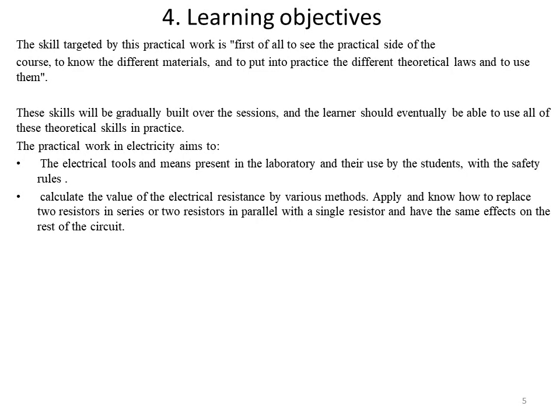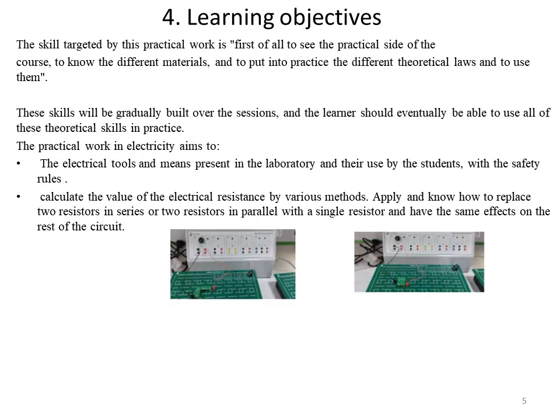So here we will observe a lot of methods. First, the method of color and the method of measurement with the multimeter device. Here this picture represents the resistors and the wires and the function generator, and we have a different method.